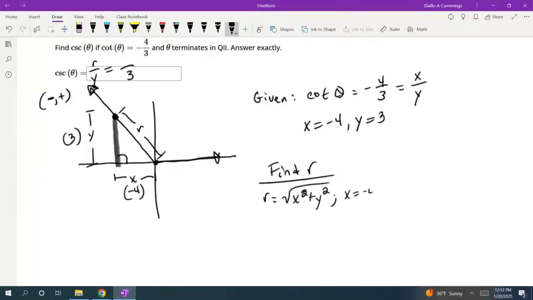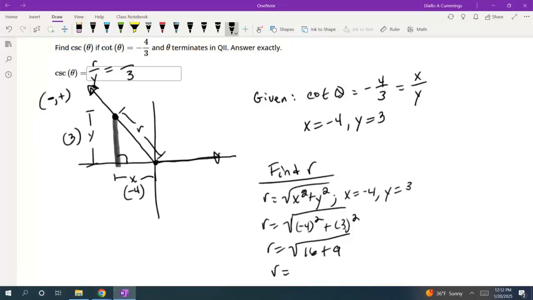I'm going to substitute x for -4 and y for 3. So this is -4 quantity squared plus 3 squared. That's 16 plus 9, which is 25, and the square root of 25 is 5. Now, since r is always positive, my solution here is positive 5/3.